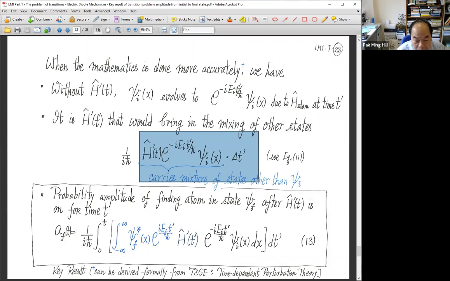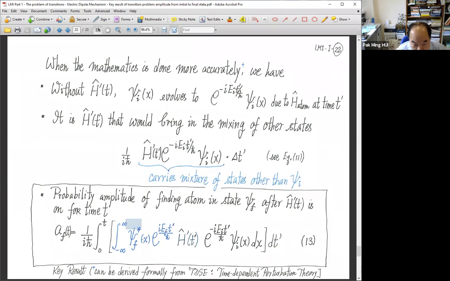So that is the place in our previous discussion. This generates a new wave function, inside which there's still some chance to find it in the initial state, but there are chances to find the system in some other final states. How much?